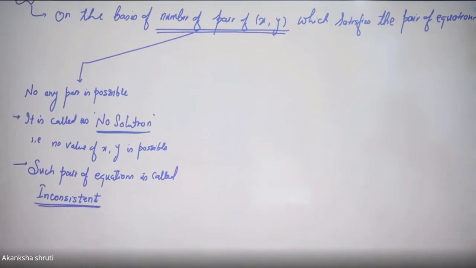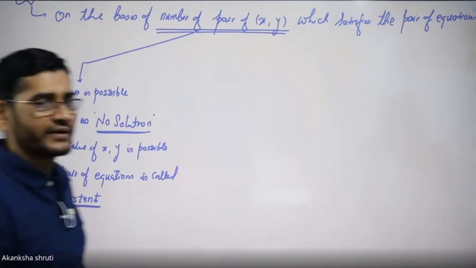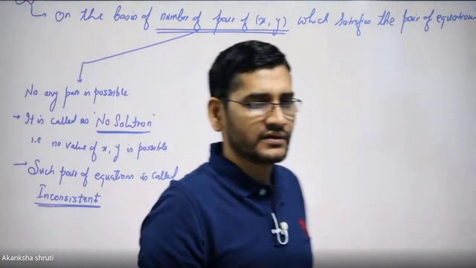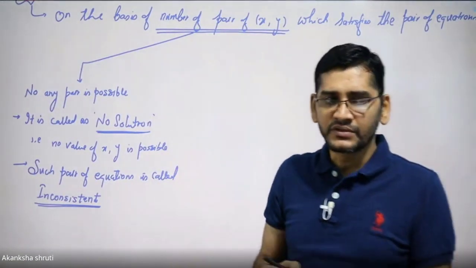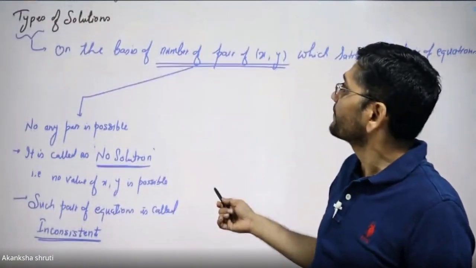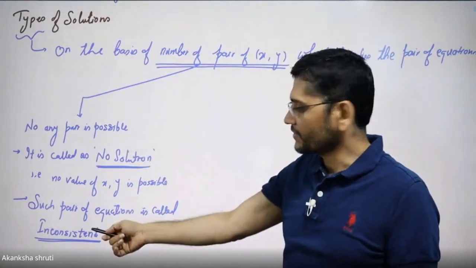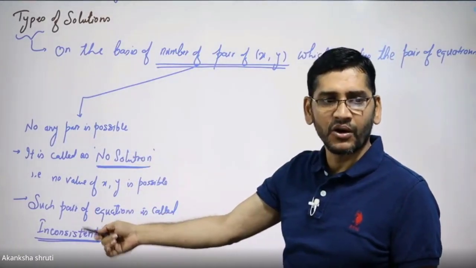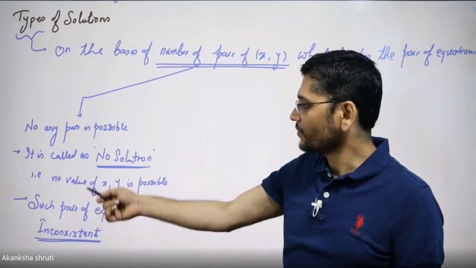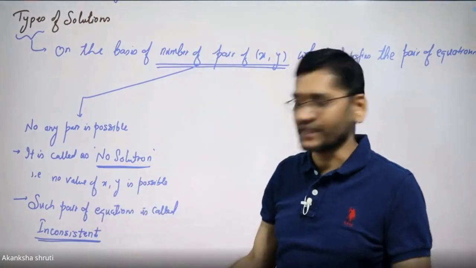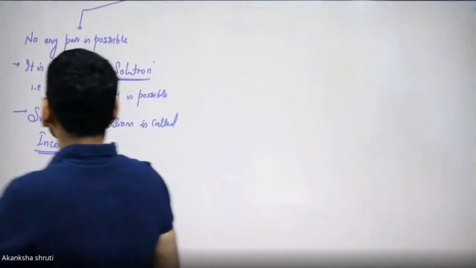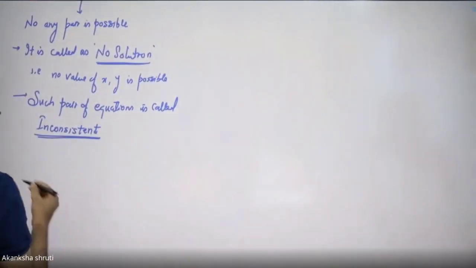So you have to check the consistency or inconsistency. Okay, students? The first possibility for the given pair of equations is that the pair cannot be solved, or no value of x and y is possible. Then it is called inconsistent.